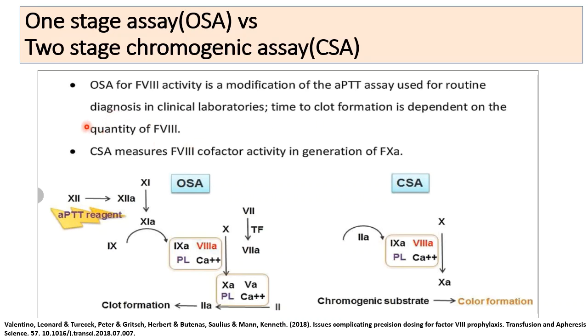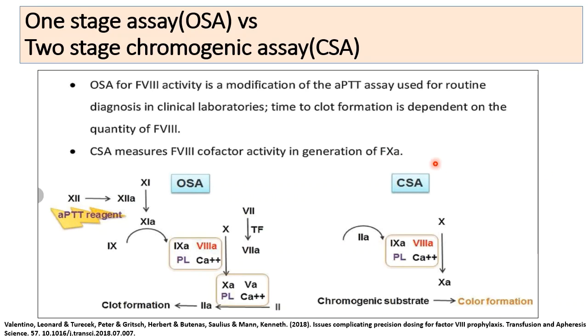Whereas the two-stage chromogenic assay is done in two steps, where the first step is to generate factor Xa, and it actually measures the role of factor 8 as a cofactor to generate factor 10, and then factor 10 is determined in the second step by a chromogenic substrate which gives a color formation. So the one-step assay is a clot based assay, whereas the two-step assay is a chromogenic assay.